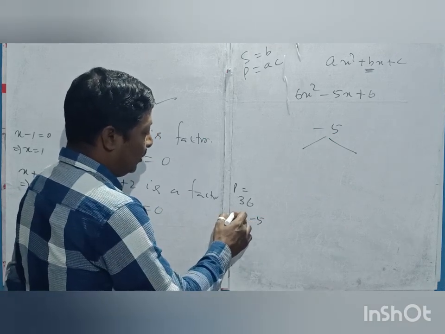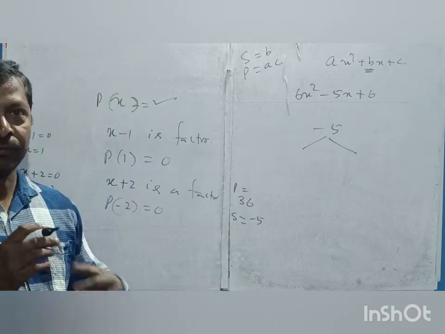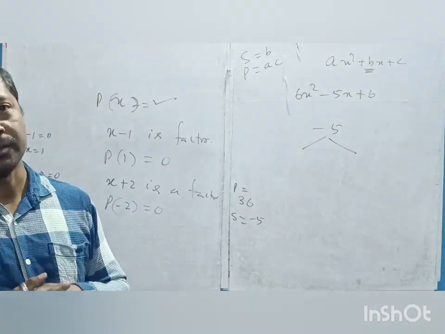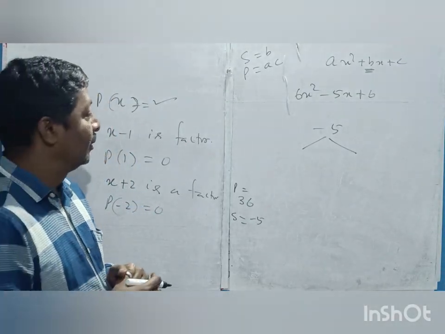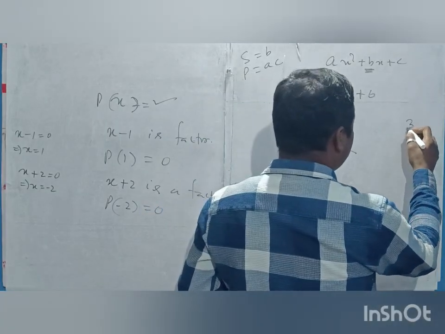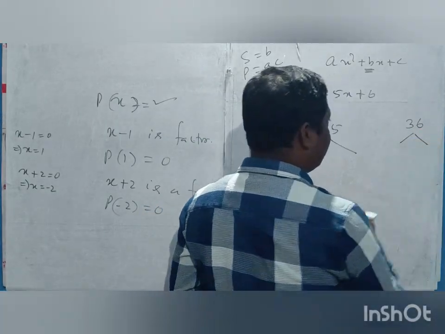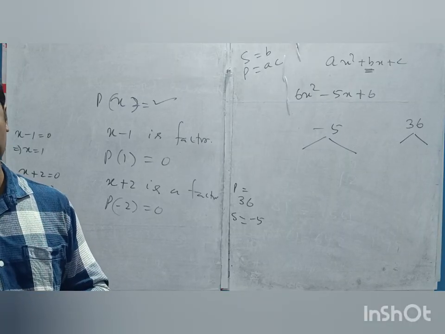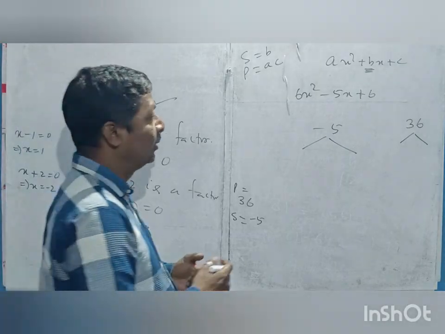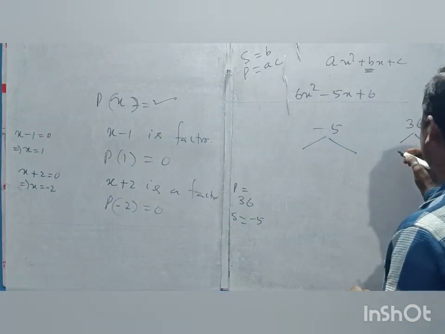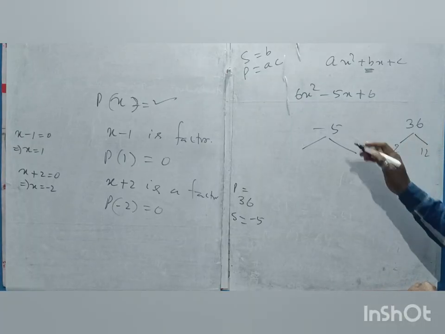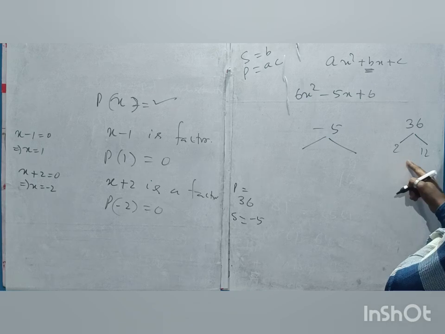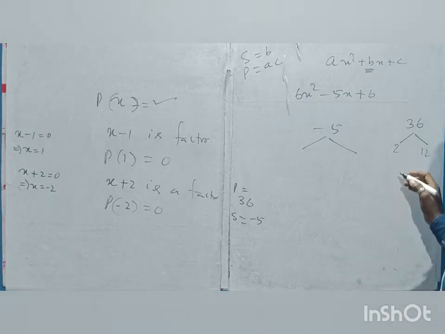So split 36 in such a way that the sum will be minus 5. Can 2, 12 make minus 5? No, because there is no gap of 5 between 2 and 12.